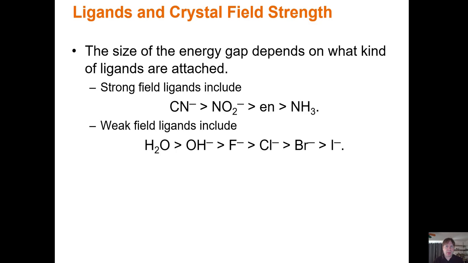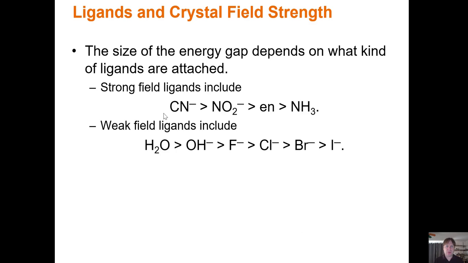Okay, I mentioned a lot of things can affect the strength of these fields, and one of those is the ligands. The size of that energy gap will depend on the ligand that is attached to the metal. We're not going to be able to get into all the details of why that is in this course, but we have some ligands we call strong field and some we call weak field. Strong field means they have a stronger bond; weak field means they have a weaker bond.